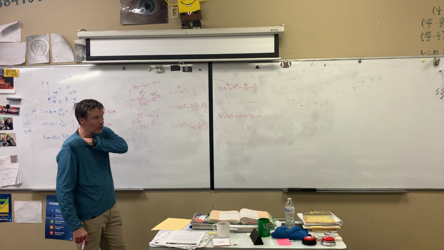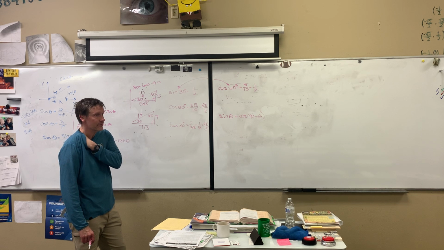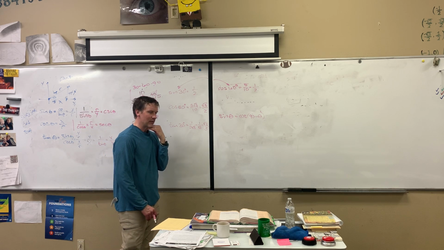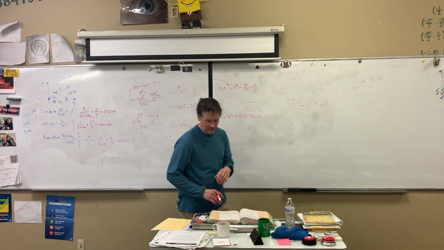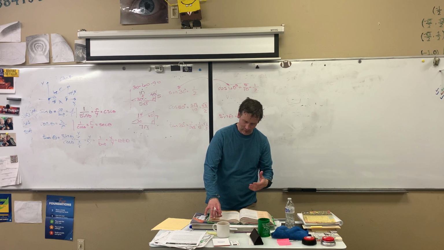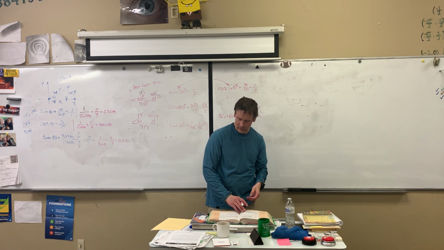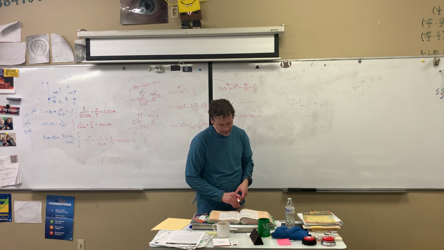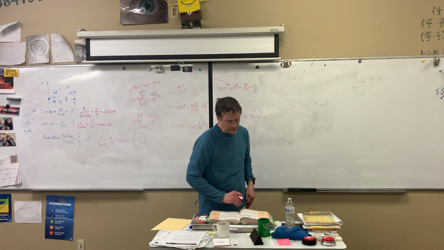So those are all cofunction identities. Okay. So they do have some of those listed. I'm not going to write them all down because I'm not going to emphasize them too much. And if you come across them in your homework, then we can work with those a little bit more. Okay. So let's talk here then.